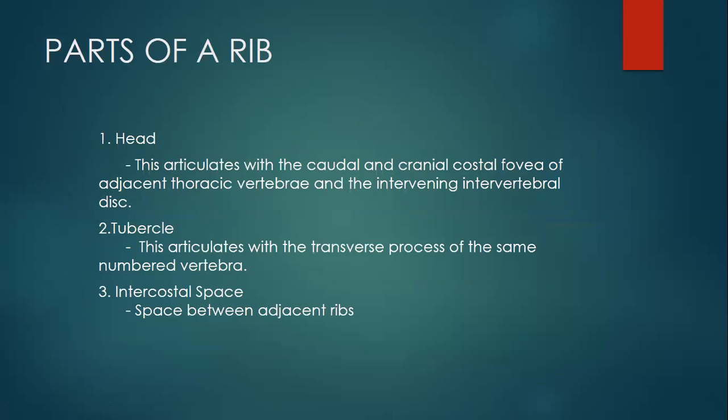So what are the parts of a rib? We have the head, which articulates with the caudal and cranial costal fovea of the adjacent thoracic vertebrae and the intervening intervertebral discs. The tubercle articulates with the transverse process of the same numbered vertebra. We also have the intercostal space, which is the space between adjacent ribs.